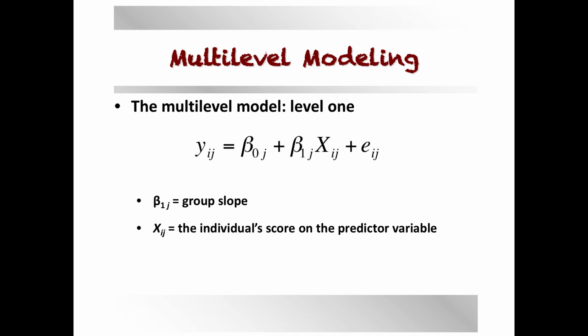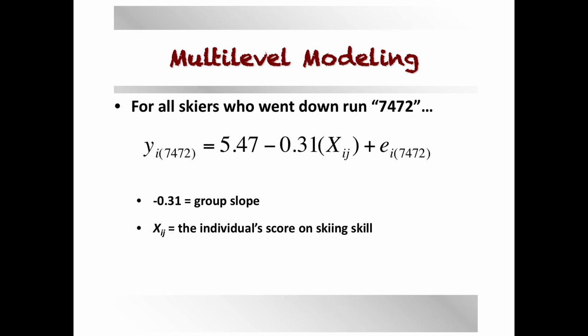So instead of A and B or alpha and beta, we have beta 0 and beta 1 to designate intercept and slope. So the beta 1 is your group slope, and the J represents just which group you're in. So the J would be number 1 if you're in group 1. And the X is the individual score on that predictor variable, so that's just the IV that we're working with. The predictor variable is the IV in this case.